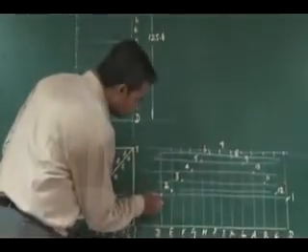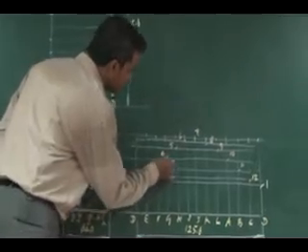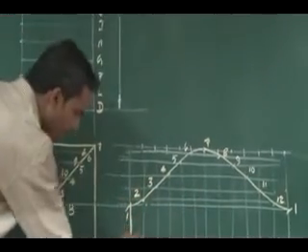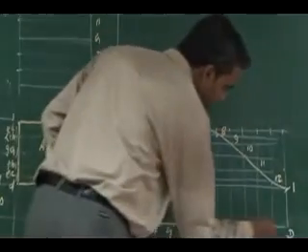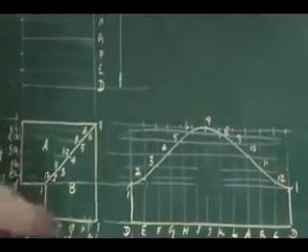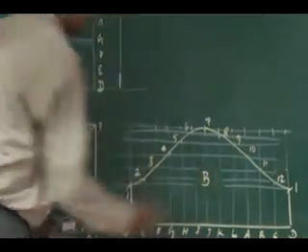By joining these with a smooth curve, I will have the development portion. This is the development portion for B.